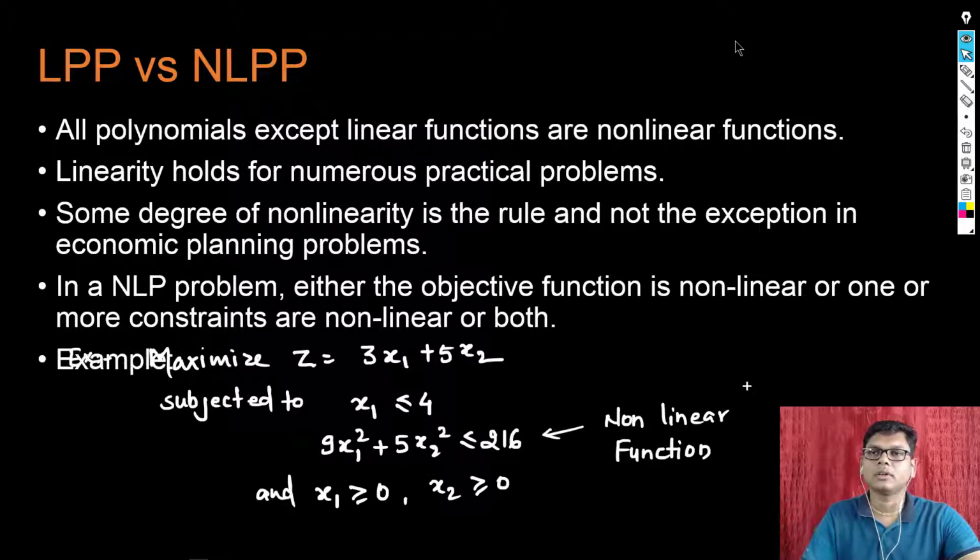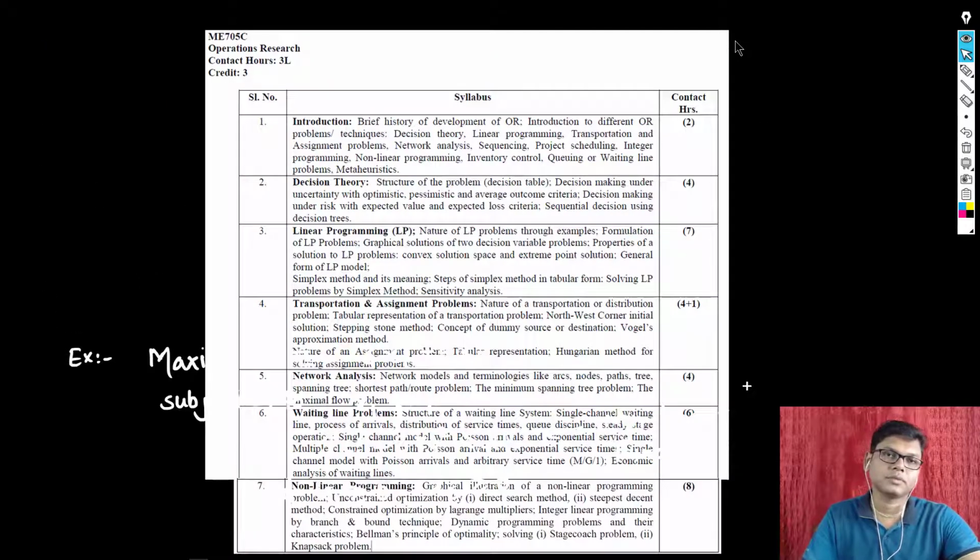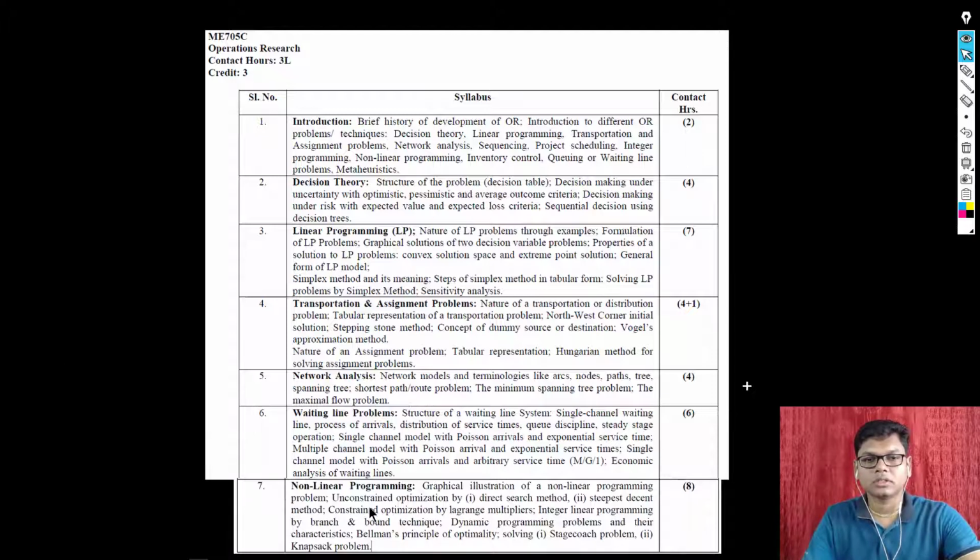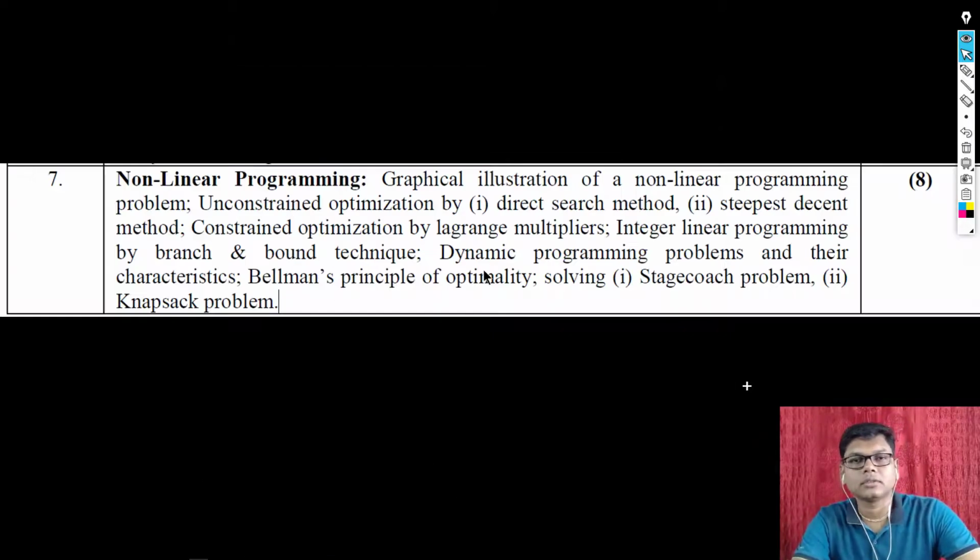So let's proceed further and see what are the different topics which we will be discussing in this chapter. So here we have all the topics. First topic which we will discuss is graphical illustration of a nonlinear programming problem.